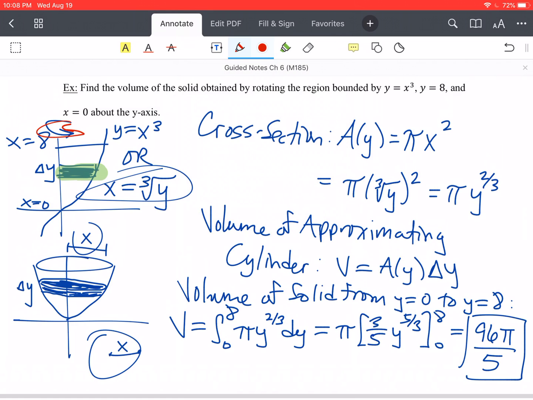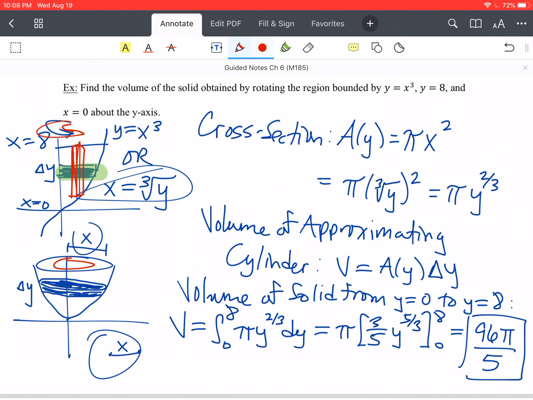So if you were going to do this vertically, you'd have to draw your rectangle like this, and then that would give you kind of a hollow shape like this, and then you'd have to find some surface going this direction, and it would just be a mess to try to do that.